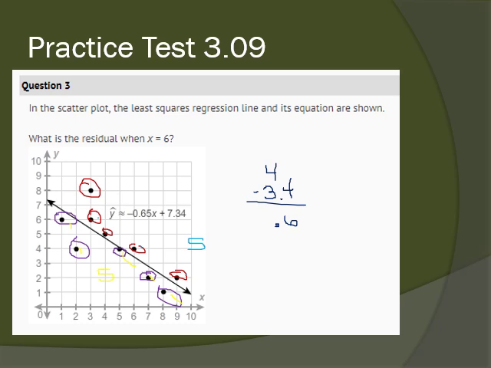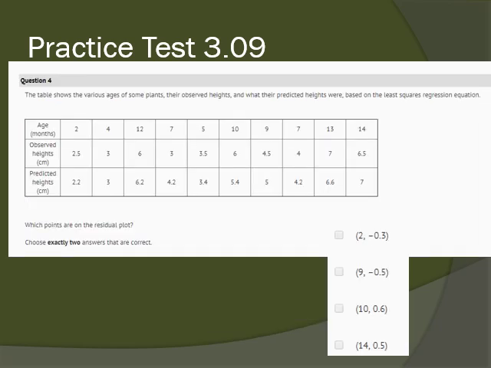The exact distance actually does matter as well, because if you have 4 below, like in the previous problem, that are closer, that is counterbalanced by 2 above that are further away. So it's not just having positives and negatives, it's also about how big the positives and negatives are as well. So the residual for that point there is 0.6.